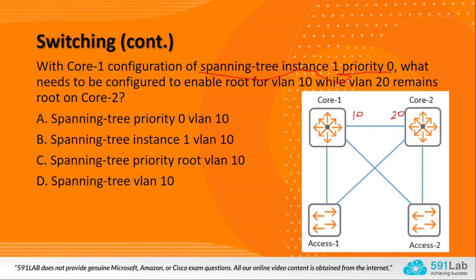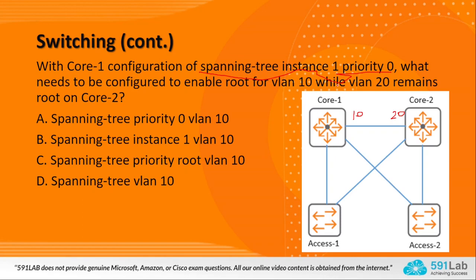Option A, spanning tree priority 0 VLAN 10. There's no such command to associate the VLAN ID, so it's not correct. Option B, spanning tree instance 1 VLAN 10. This is how to map VLAN 10 to instance 1. It looks correct. Option C, there's no such command with root and priority keywords.